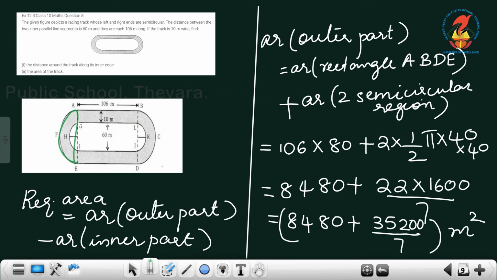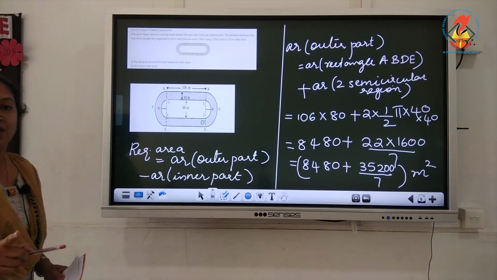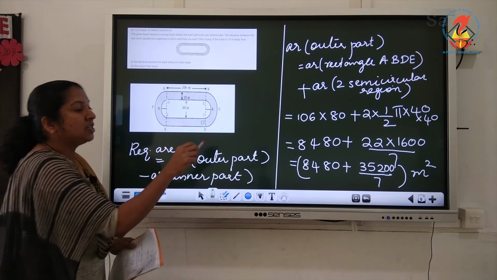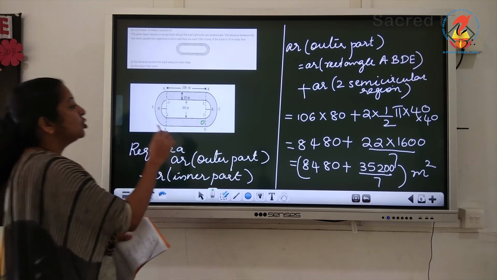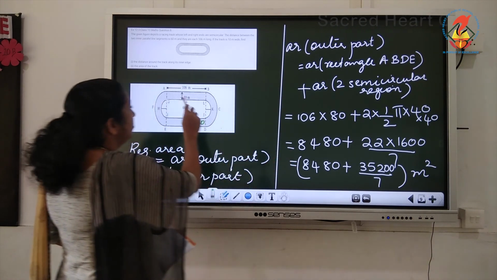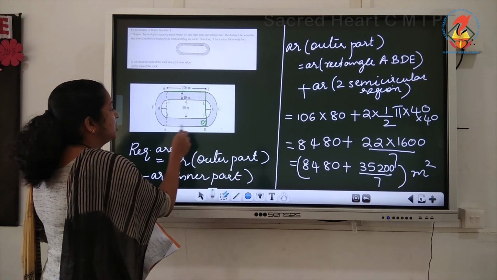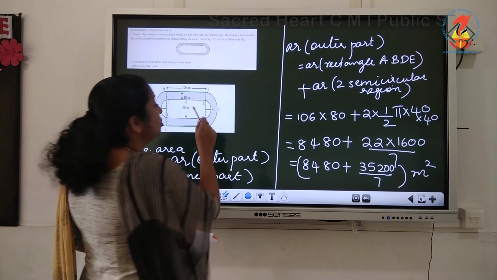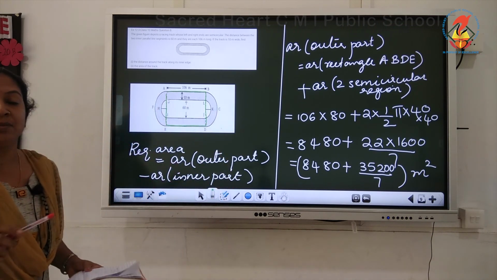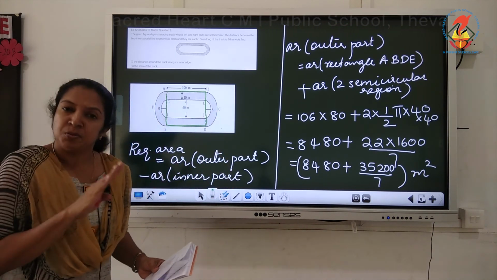Area of two semicircular regions means area of one circular region. So this length is 106, this is 80 because this is 60 plus 10 plus 10. So the diameter is 80 and the radius is 40. So this we can find: 106 into 80 plus 2 into half pi r square. Half pi r square two times means pi r square itself.